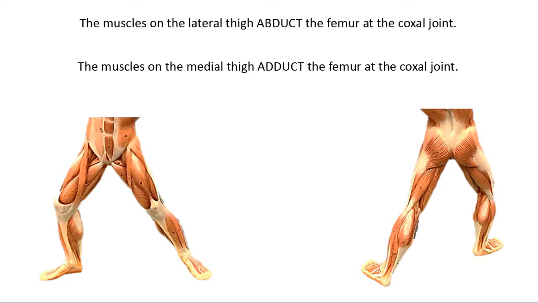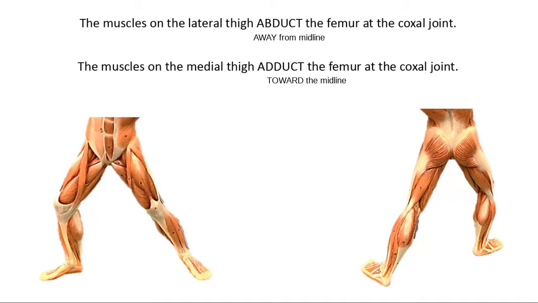Yeah, so Fanchon's right. Abduct and adduct are all about the midline of the body. So when we talk about abducting the femur, we're moving away from the midline. This is when an alien abducts you, right? Adduct is when we go toward the midline.